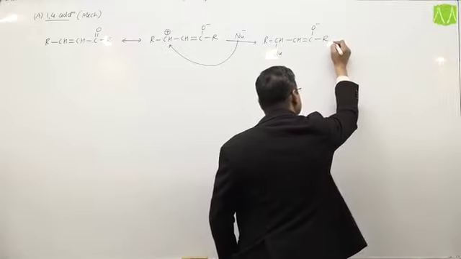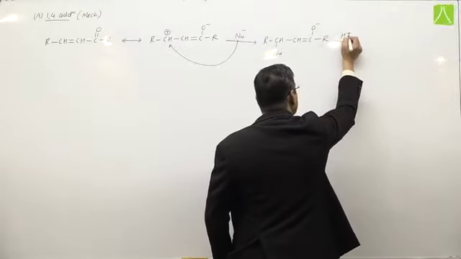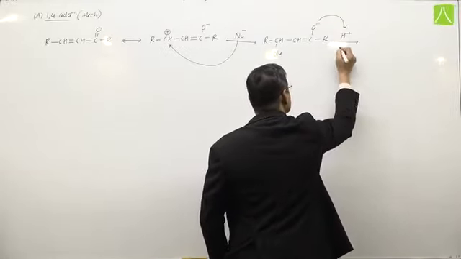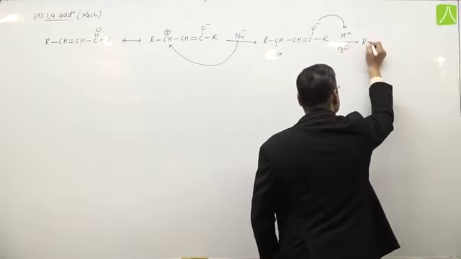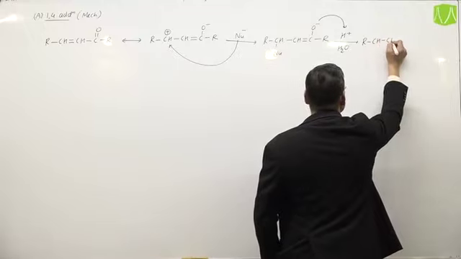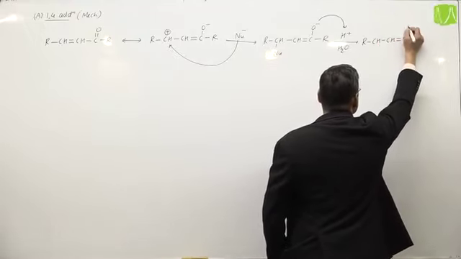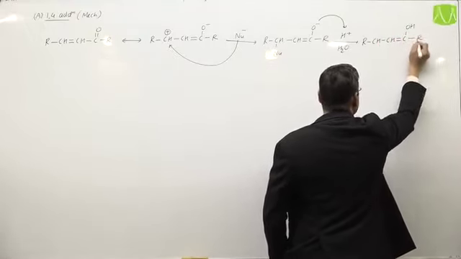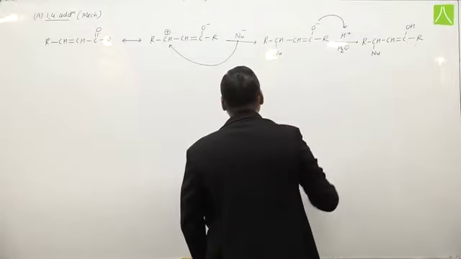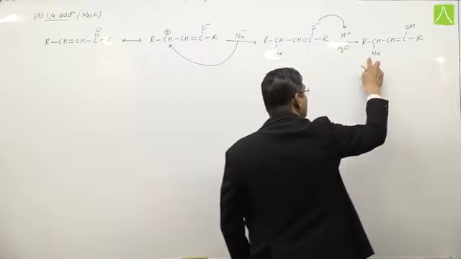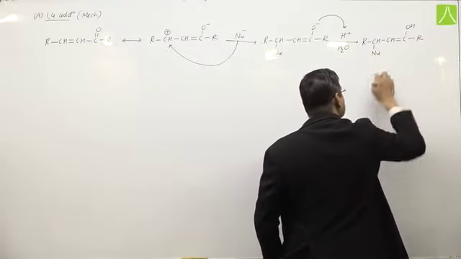In the next step, H plus is taken from the water molecule. So RCH, CH double bond COH R and nucleophile added. Now this is known as 1-4 addition, 1 and 4.